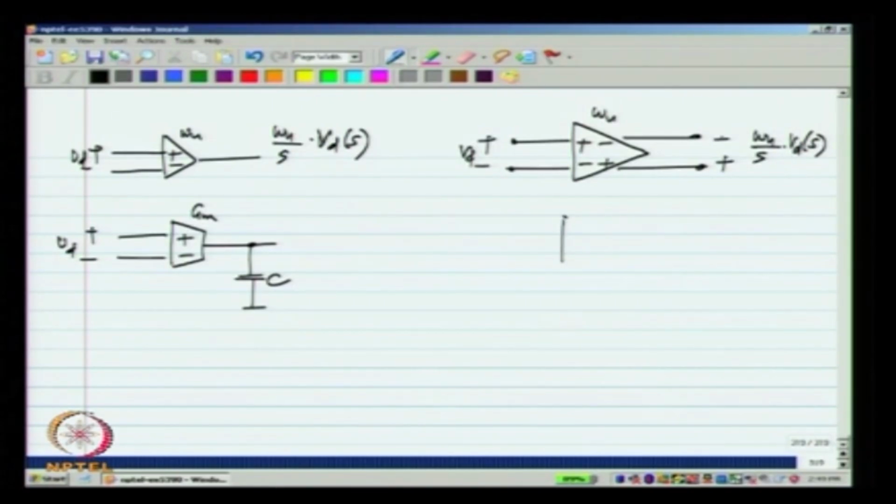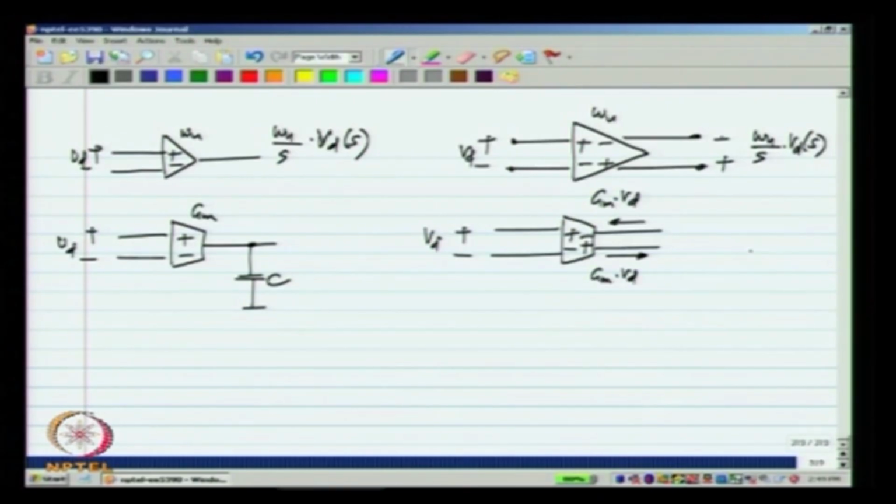What we need in this case is a fully differential transconductor, and what is the meaning of that? If I apply a voltage Vd, there is a terminal at which it draws a current Gm times Vd by 2, and there is a terminal where it pushes out a current Gm times Vd by 2.